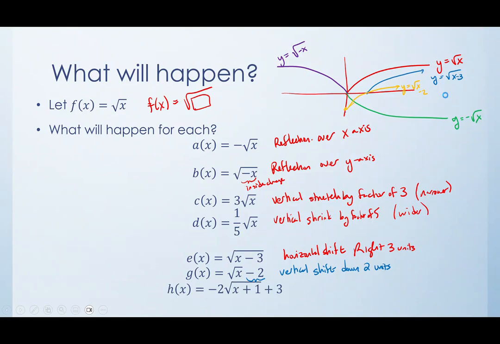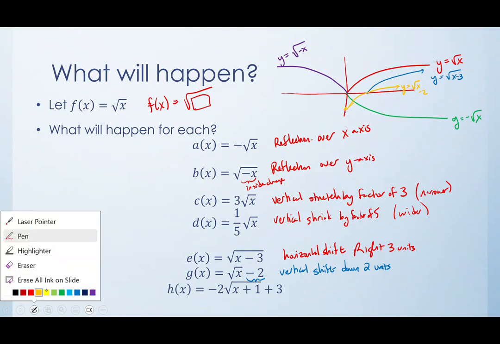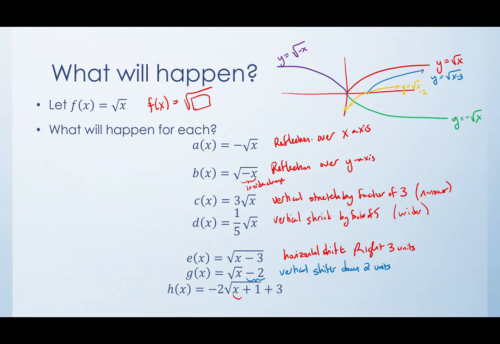Now we've got one more. We're going to throw a whole bunch of changes in here. We've got a horizontal shift. This one's going to be only left 1 unit. We've got a reflection over the x-axis.